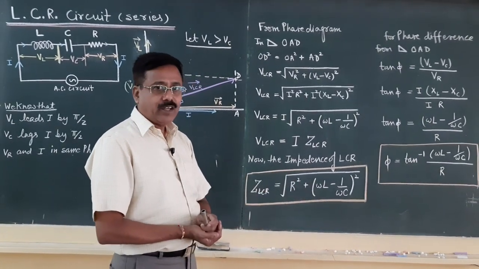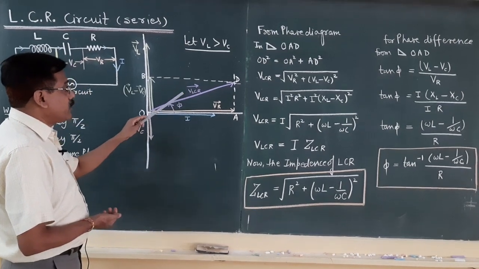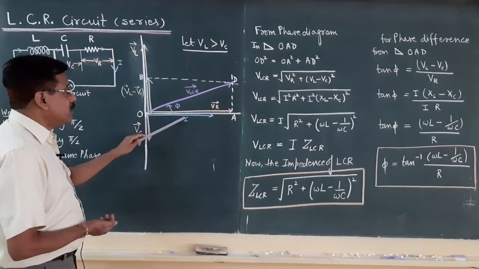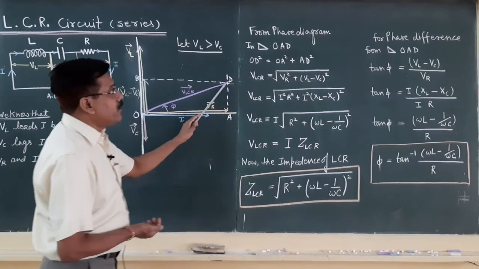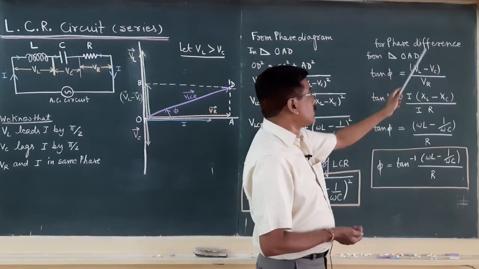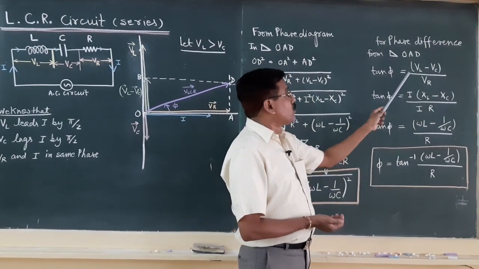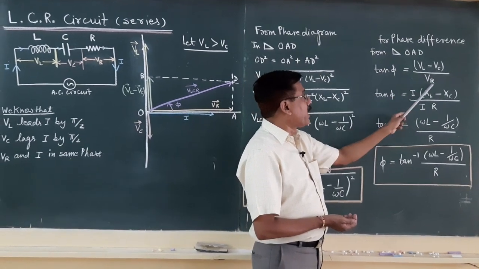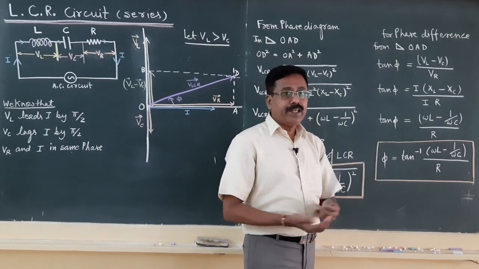Now, if you want to know the phase angle between VLCR and I, we have to use the same right angle triangle OAD. So, in right angle triangle OAD, for the phase difference between voltage and current, tan phi is equal to VL minus VC by VR, perpendicular upon base.